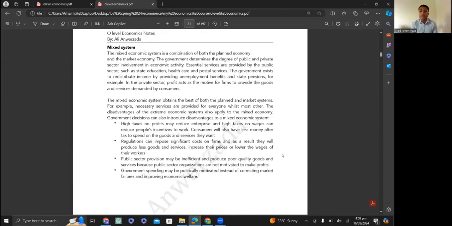Now, to gain the advantages of both the command economy and the market economy, the solution is the mixed economy, in which more than 50% of countries are in today's world.